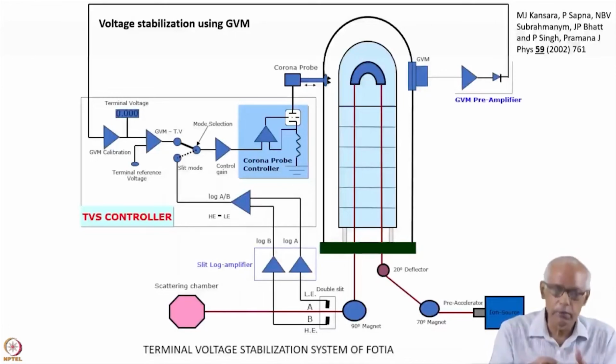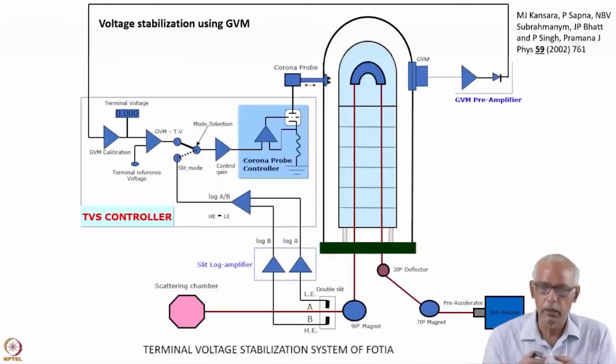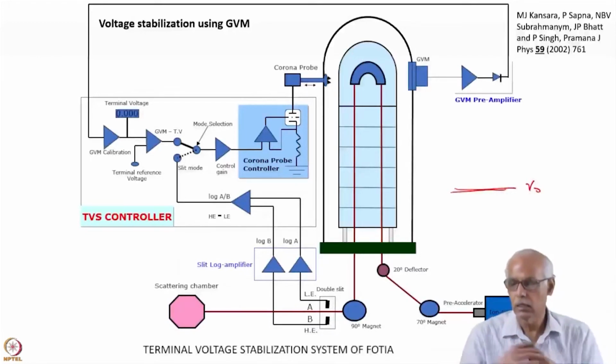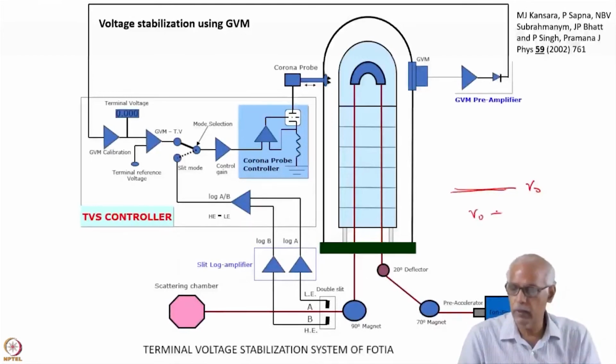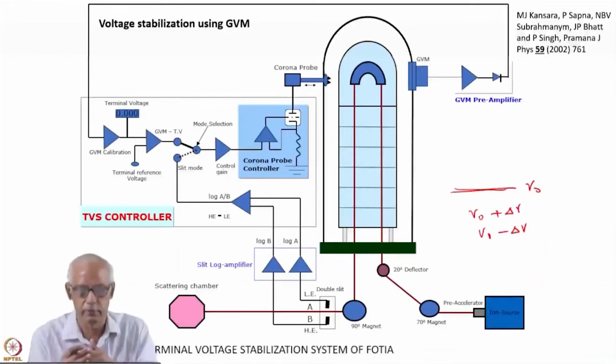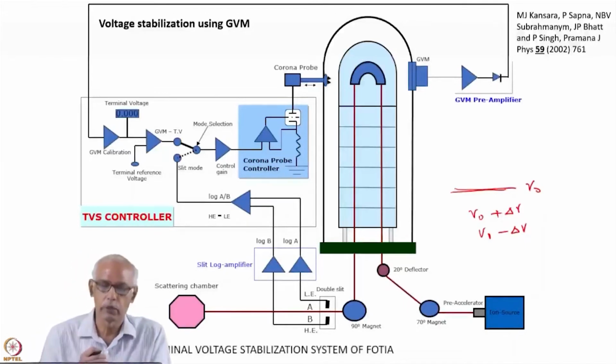The procedure will be the same. The generating voltmeter has measured, let's say, voltage V naught, and if it slightly increases, you measure again, and it has become V naught plus delta V. Or when it decreases, it becomes V naught minus delta V. Then this can give a feedback in the generating voltmeter itself, and the arguments are the same, and therefore it can also be used for voltage stabilization.